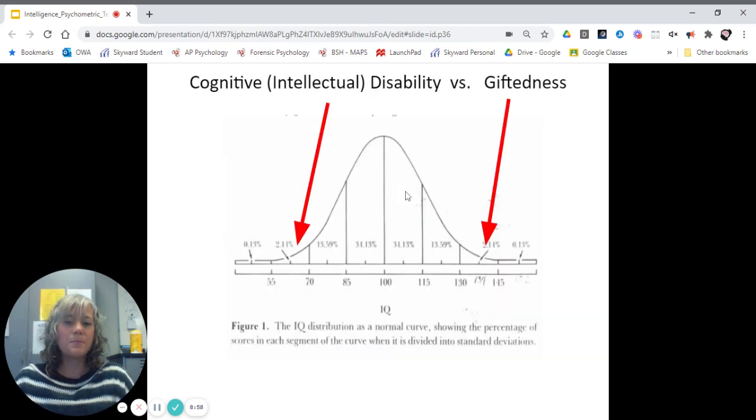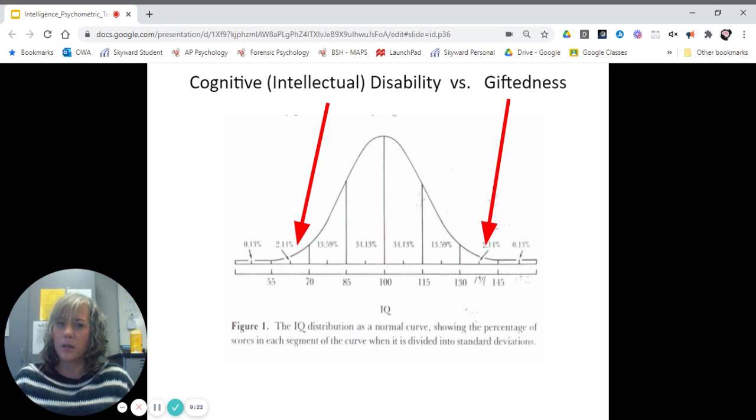Again, like I said, what do we do with these scores? In IQ in particular, oftentimes what the scores will do, and we have to be careful because sometimes these labels can kind of pigeonhole people, but oftentimes you'll see that if it's below a particular score or above a particular score, it means there are either disabilities or services for gifted, for example, in schools.